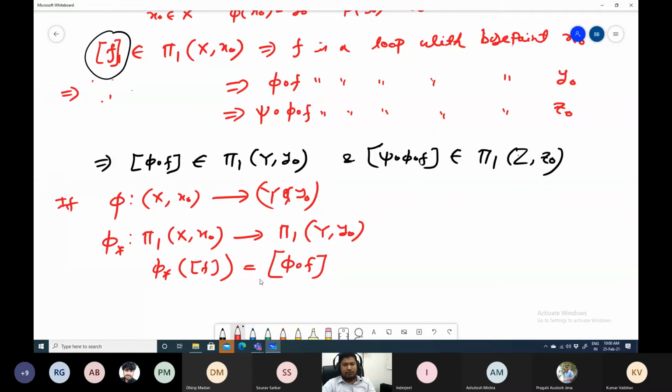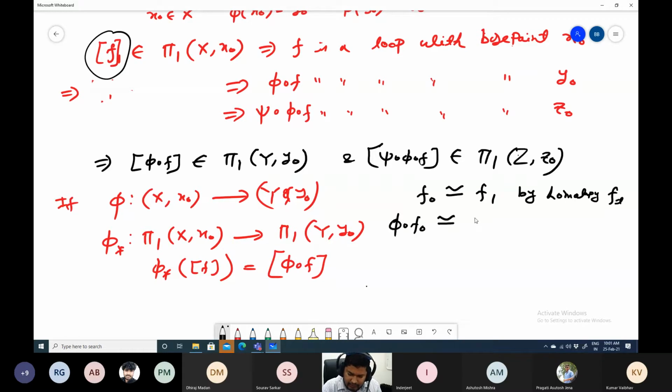Now, obviously, the first question is why this is well defined. Now, that is also simple. We know that if f0 is homotopic to f1 by homotopy, say ft, that implies phi composed with f0 is homotopic to phi composed with f1 by a homotopy. Which homotopy?